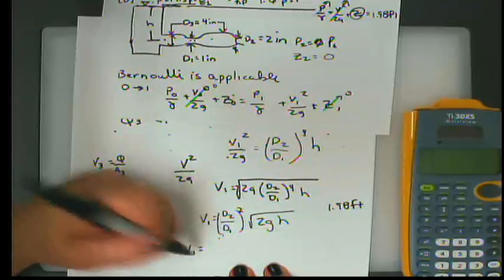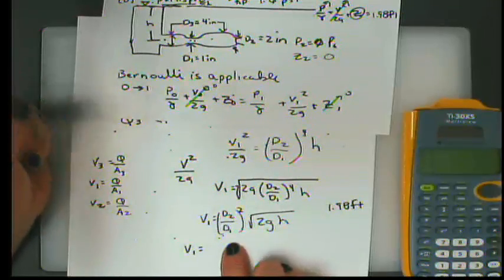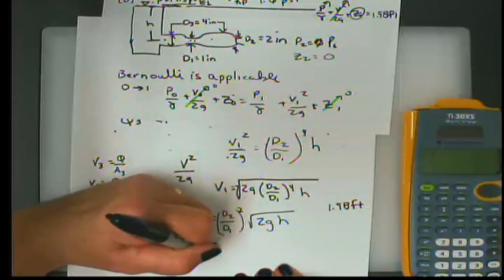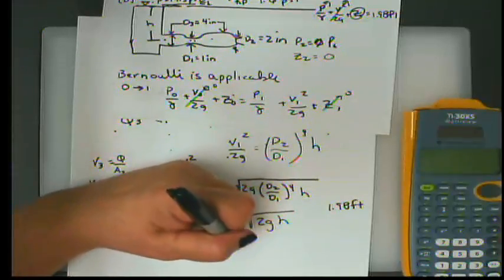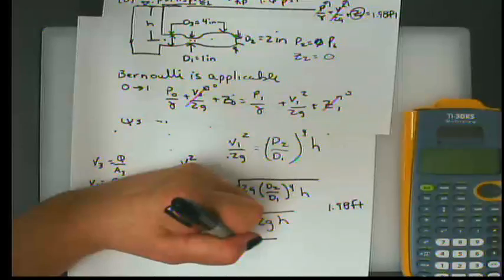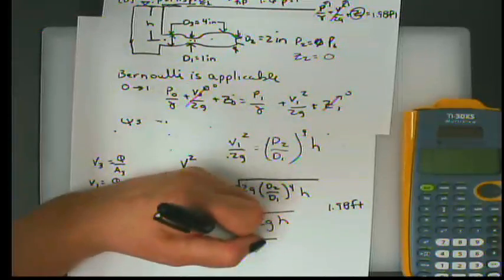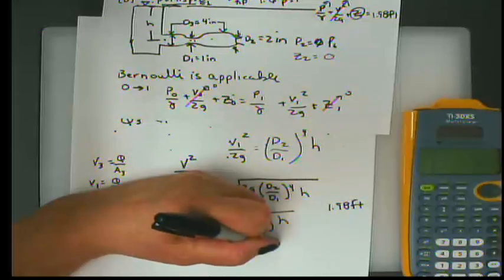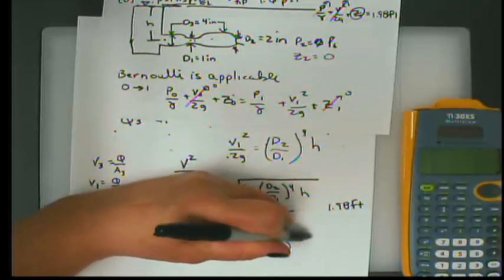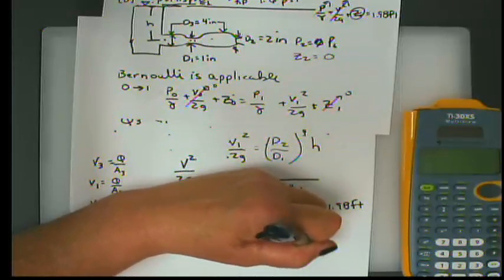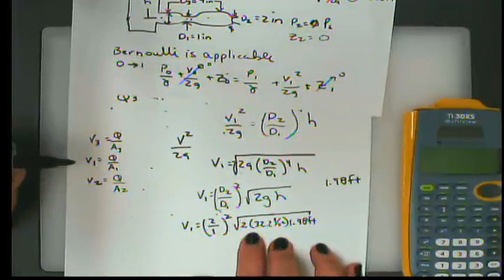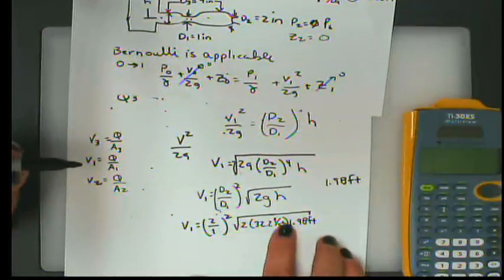So V1 is equal to D2, which is 2, over D1, which is 1, raised to the second power, times the square root of 2 times G, we're in feet, 32.2 feet per second squared, times my height, which is 1.98 feet.